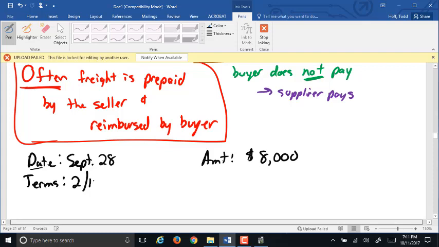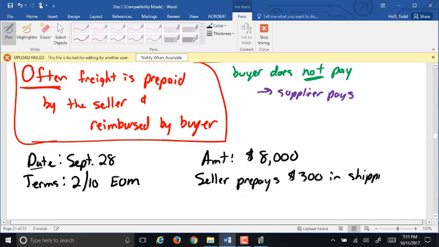Terms 2/10 EOM. Seller prepays $300 in shipping. Now it doesn't say FOB anything, so who are we going to assume is responsible for the shipping? The buyer.